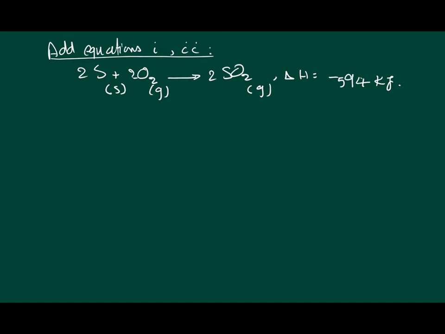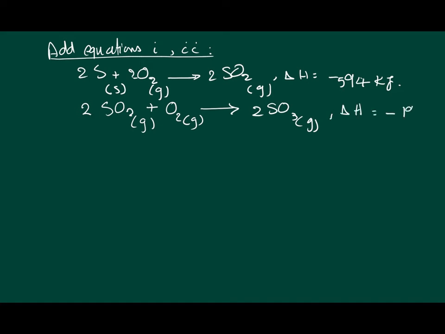Equation 2 was 2SO2 plus O2 to give 2SO3, and the delta H equals minus 198 kilojoules.